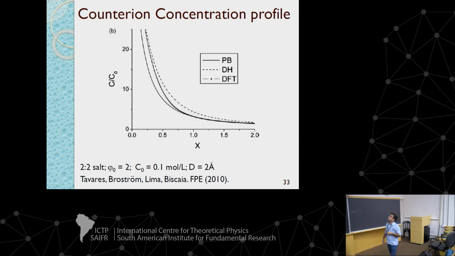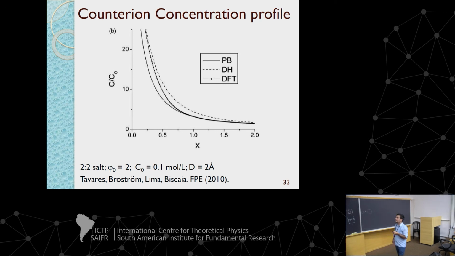But when we consider, for example, a 2:1 salt, at the same condition, we can see that there is a higher difference. Here we have Poisson-Boltzmann, this is DFT, and the Debye-Hückel. We can see that DFT here is located between the Poisson-Boltzmann and the Debye-Hückel.